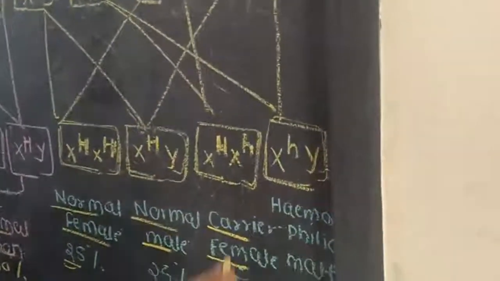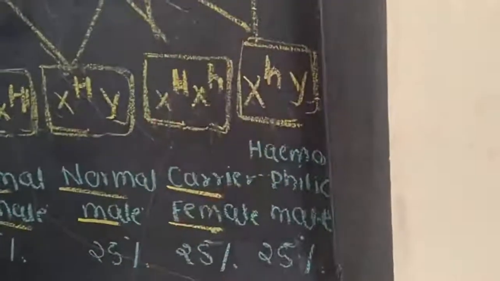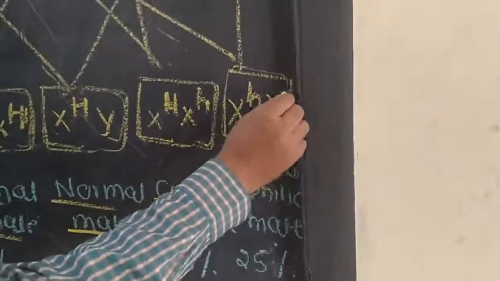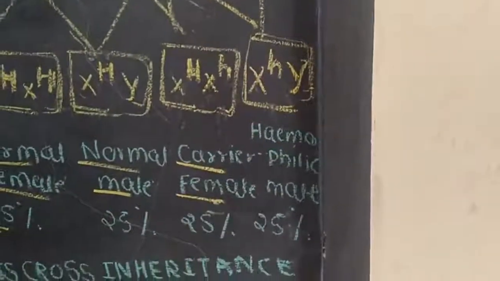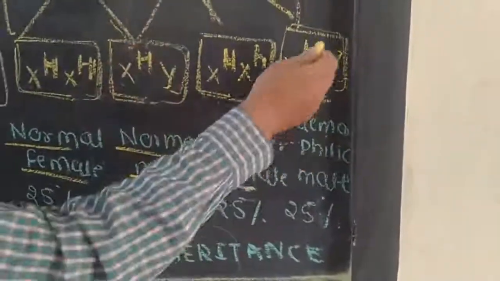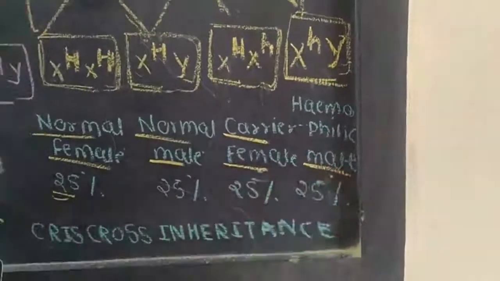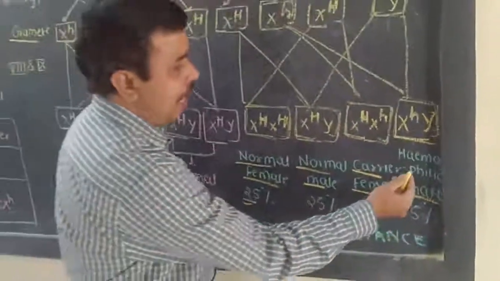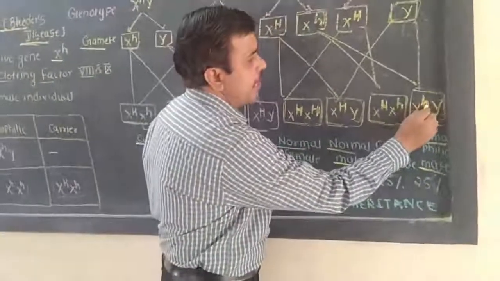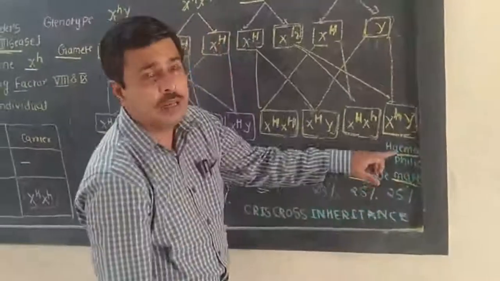This new offspring contains the X chromosome having the recessive gene, and the Y chromosome does not contain any gene responsible for hemophilia; it is absent. So this offspring will be male, and it is hemophilic in condition because the recessive gene is present, and this recessive gene is responsible for hemophilia.